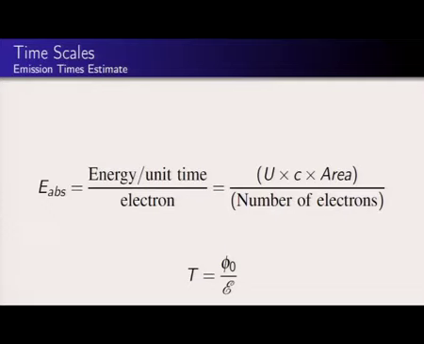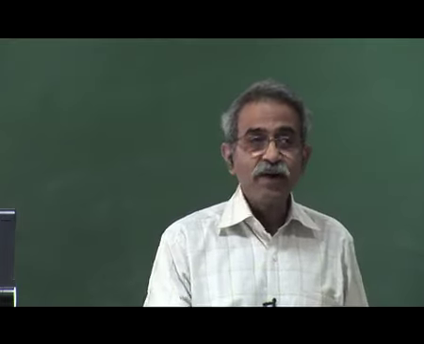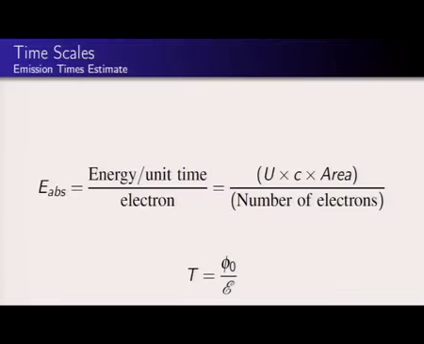So I take the energy density, multiply it by the area, multiply it by the speed of light, so that will give me energy falling per unit volume per unit time, and I will divide by the number of electrons, which is actually the density of the electrons. And what should that be? That should be nothing but your stopping potential divided by that E absolute. Your time required must be nothing but that, and we want to look at that.